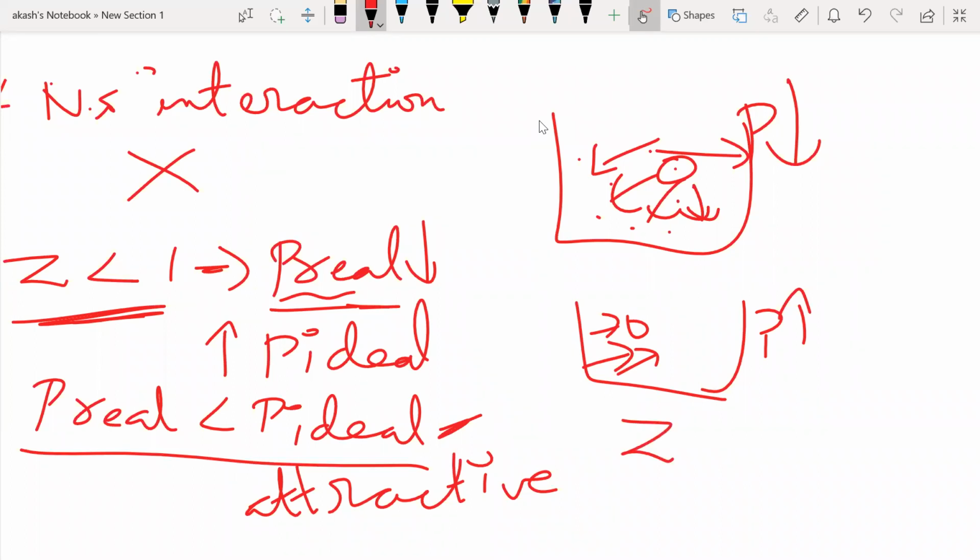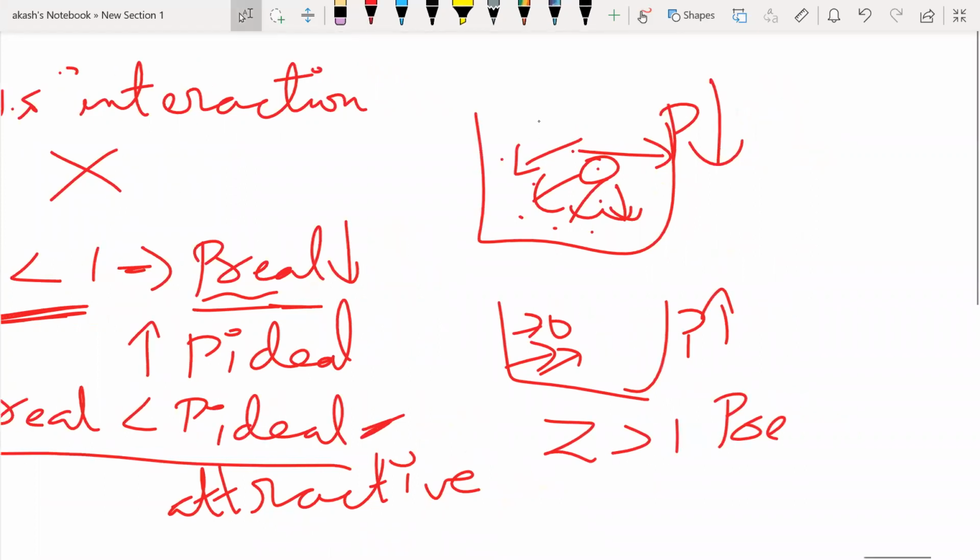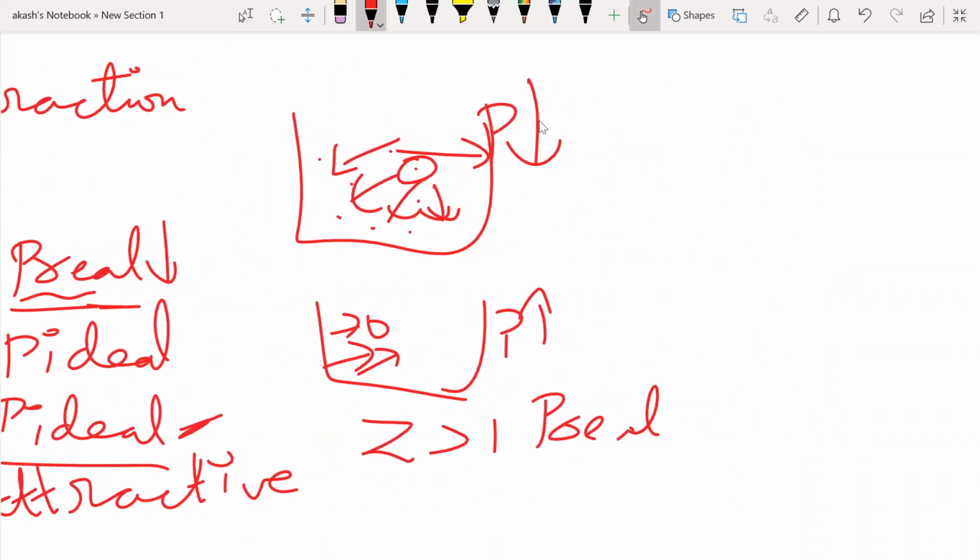That's the case where I have Z greater than 1, or I can say that the real pressure is greater than the ideal pressure. Obviously, this will happen when I have repulsive forces.